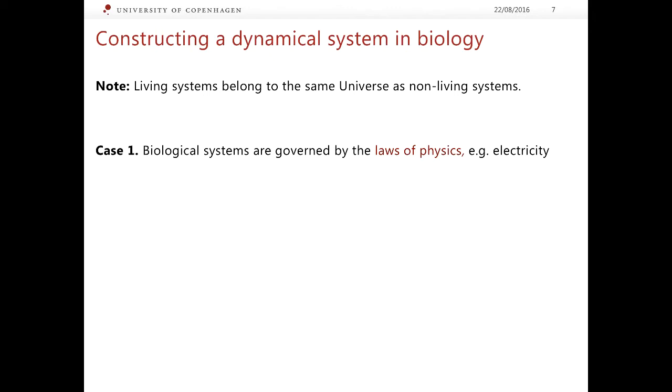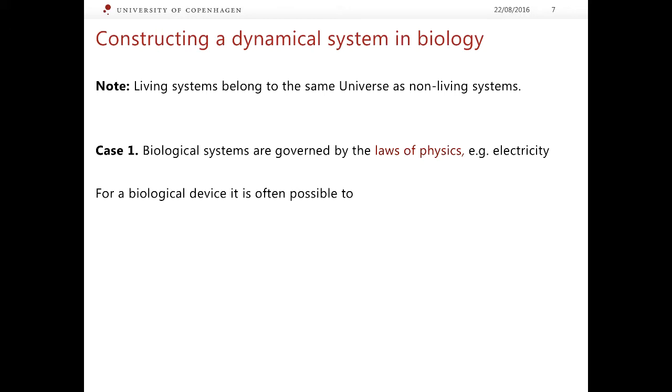Consider some cases. First of all, it is important to appreciate that biological systems are governed by the laws of physics, for example, the laws of electricity. For some biological devices, we know that in their functioning, electricity plays a key role, for example, in neuron cells.